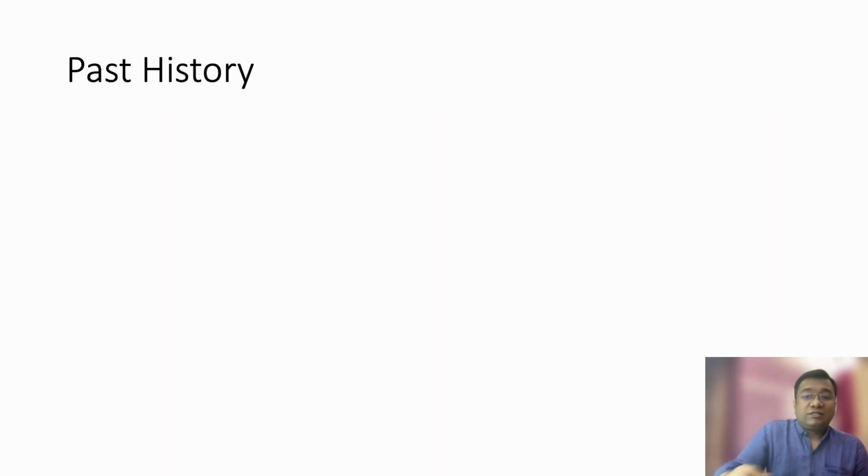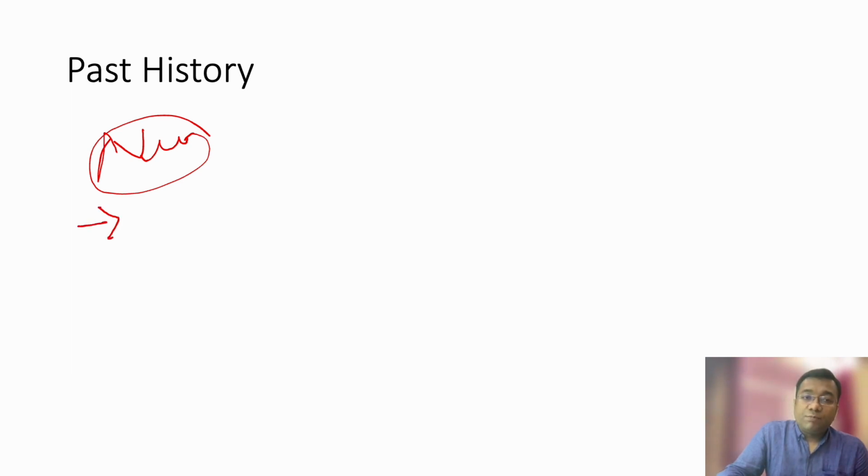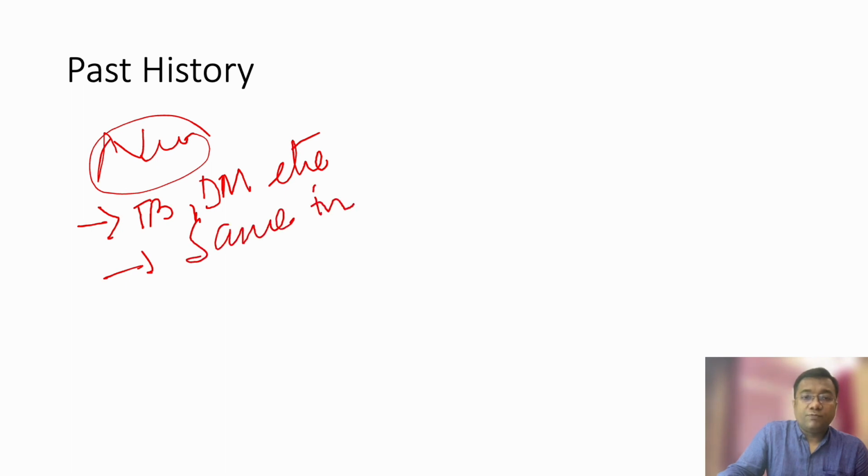Now coming to past history. Just don't write that there is nothing significant in past history. That is not done. So in past history, what you need to inquire? You need to inquire whether the patient is a known patient of some major disease like tuberculosis, like diabetes, etc. Whether this patient has the same kind of disease in the past or not.